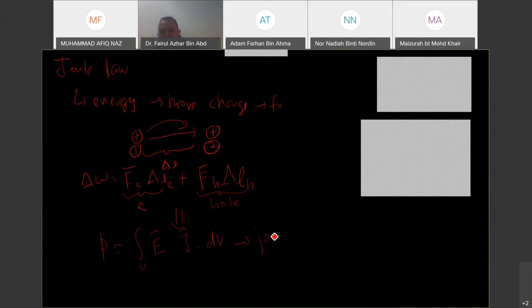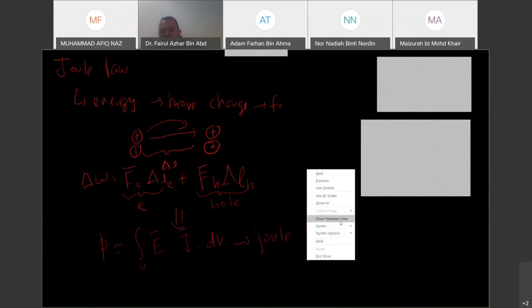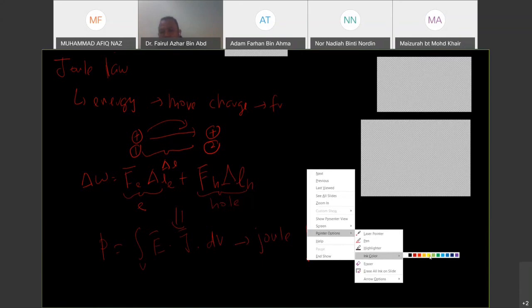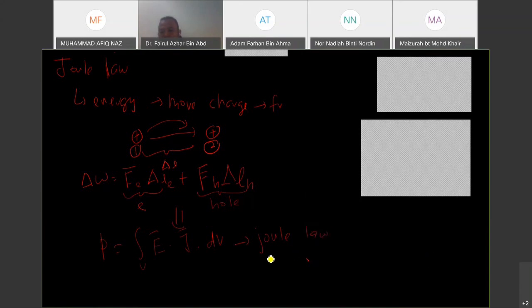The most important thing when we learn electric circuits is that from Joule's law, we convert to P equal to I squared R, or VI, or V squared divided by R. That's the concept.